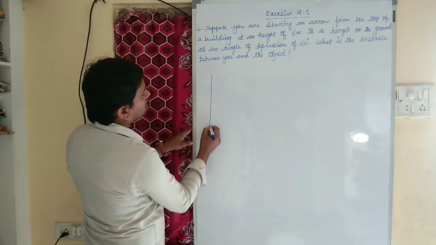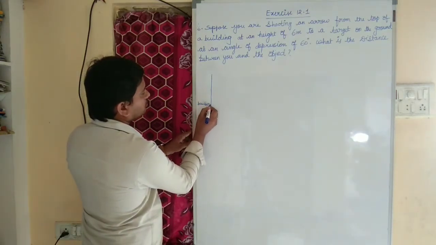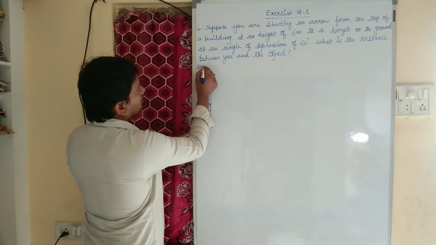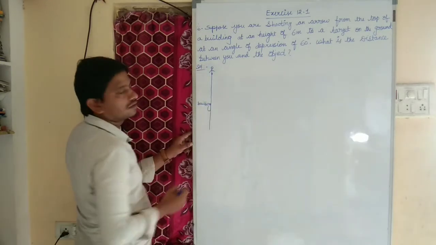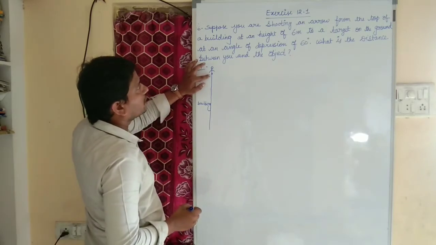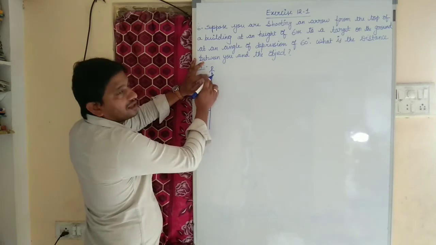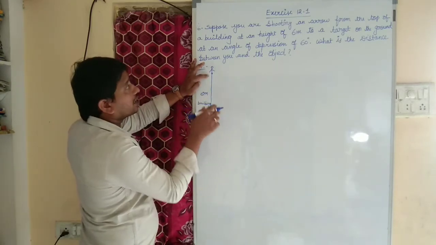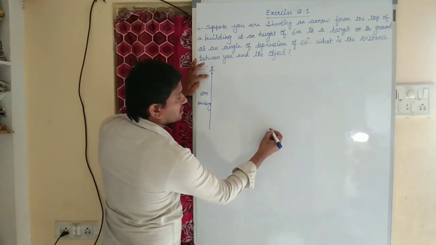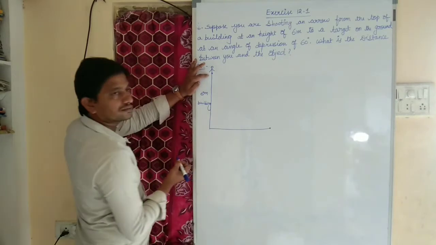So this is our building. You are standing on the top of the building, shooting an arrow to a target on the ground. For example, this is our target on the ground, and this is our horizontal line.